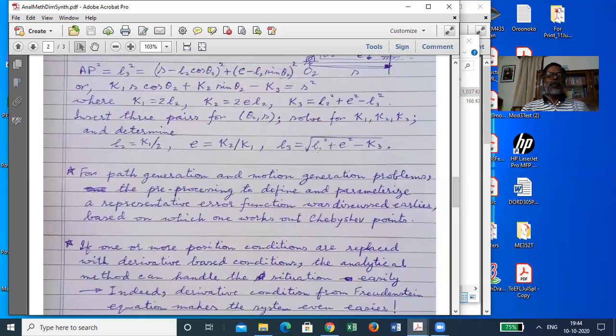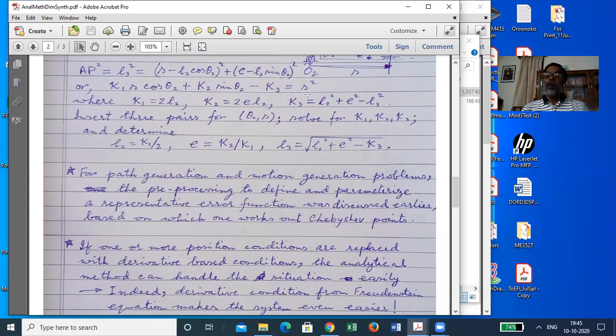For example, you try to differentiate this with respect to time, you will get K1 S dot cos theta 2 minus K1 S sin theta 2 theta 2 dot plus K2 cos theta 2 theta 2 dot equal to twice S S dot. So this is again another equation in S, theta 2 and the K's. In fact, one K will be missing.